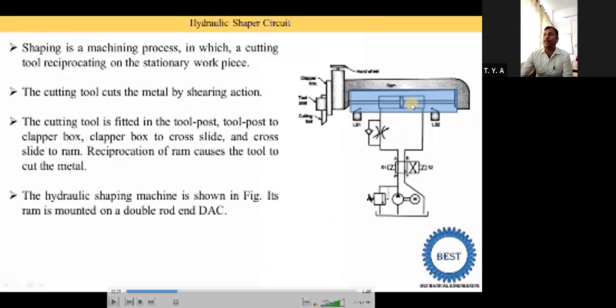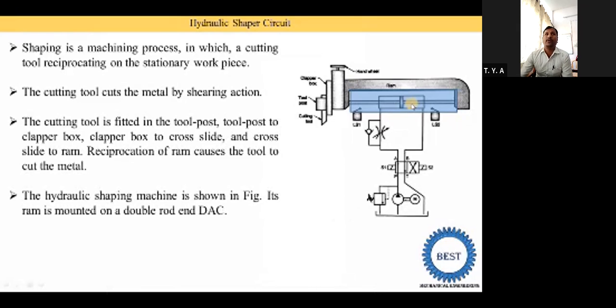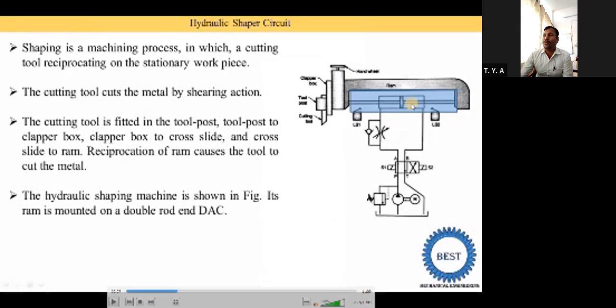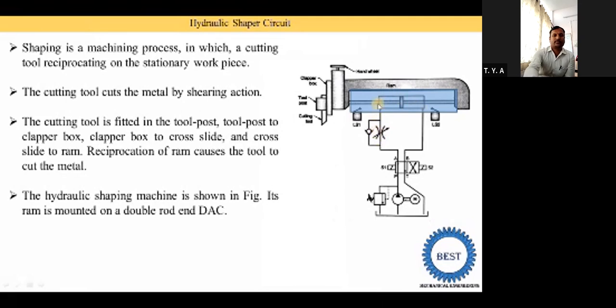It is a solenoid operated 4x2 direction controller, which is why S1 and S2 are written here. To control the fluid flow, a flow control valve is placed here. Getting it? Oil enters from this side and leaves from this side, that's why it is called a double acting cylinder.